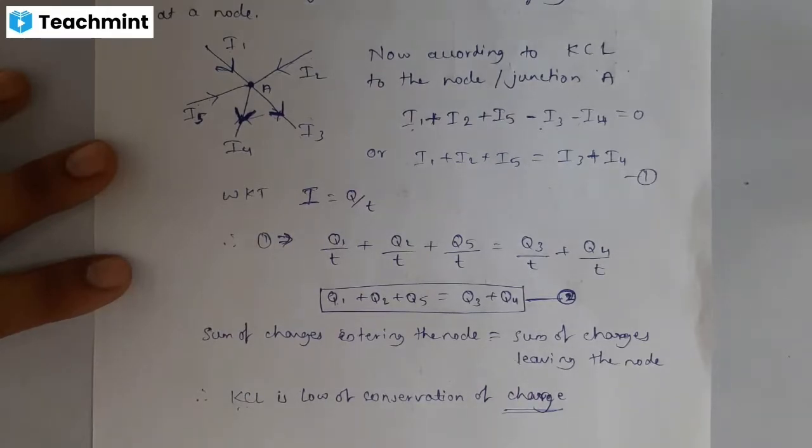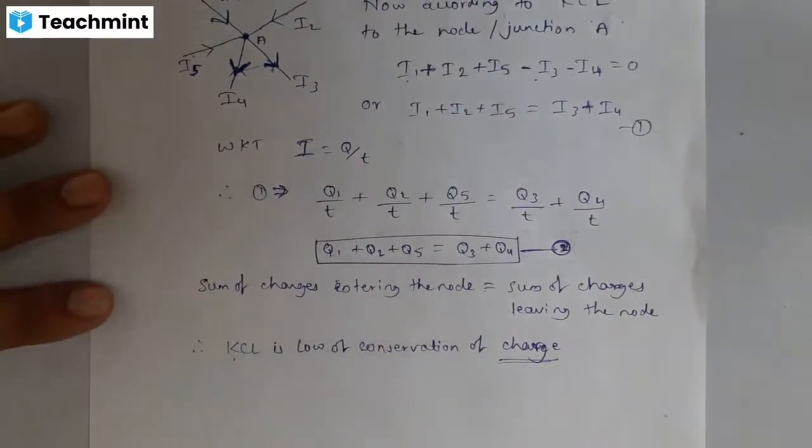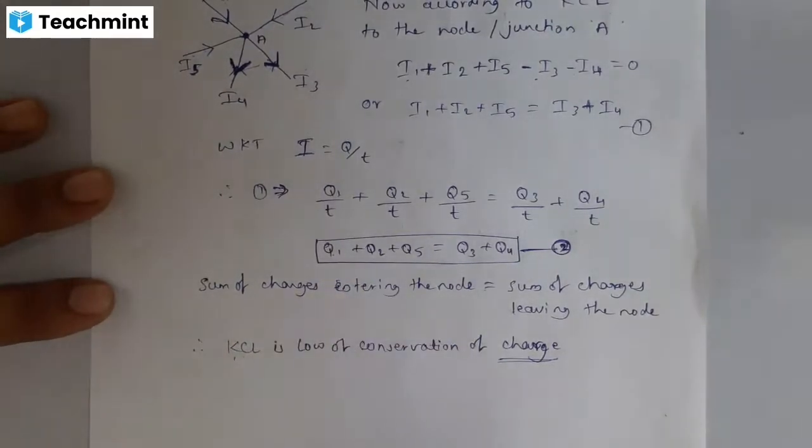For example, if Q1 is 2 coulomb, plus Q2 is again 2 coulomb, and Q5 is again 2 coulomb, then Q3 will be 3 coulomb plus Q4 is 3 coulomb. Here you can see the total is 6 coulomb, and on the RHS again it is 3 plus 3, 6 coulomb.